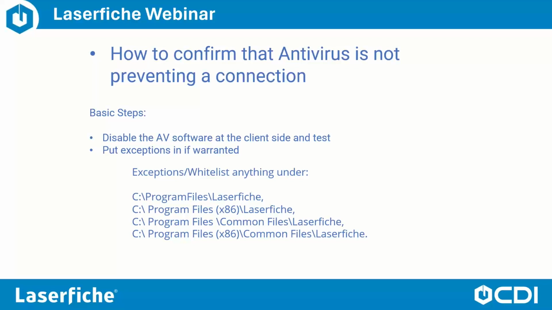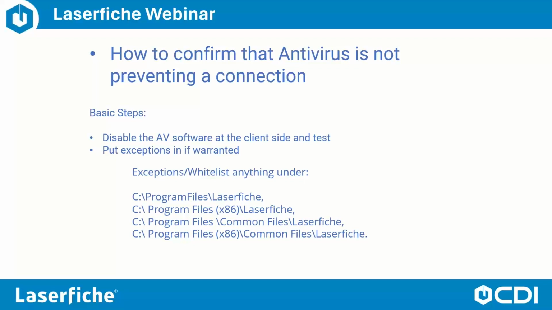So antivirus is not a big deal, but what you could do is at the client side, if you are finding that there's an issue or you think there's an issue, you can disable, sometimes with the assistance of your IT staff, you can disable the antivirus software temporarily and then test that application again. If it still doesn't run, then that's not an antivirus issue, obviously, but if it ran perfectly this time, well, then you could either put in exceptions or what they call whitelisting.